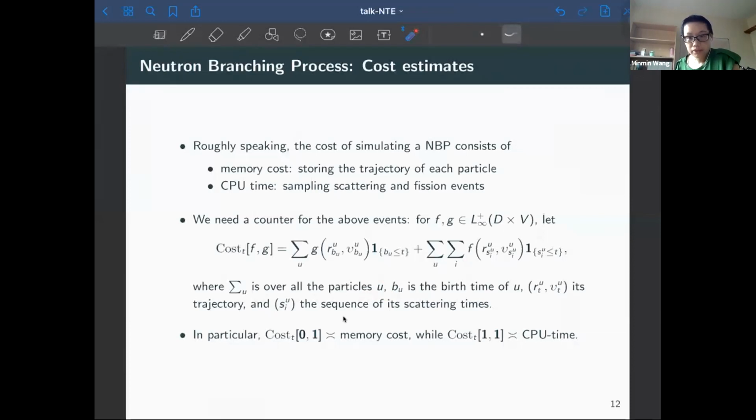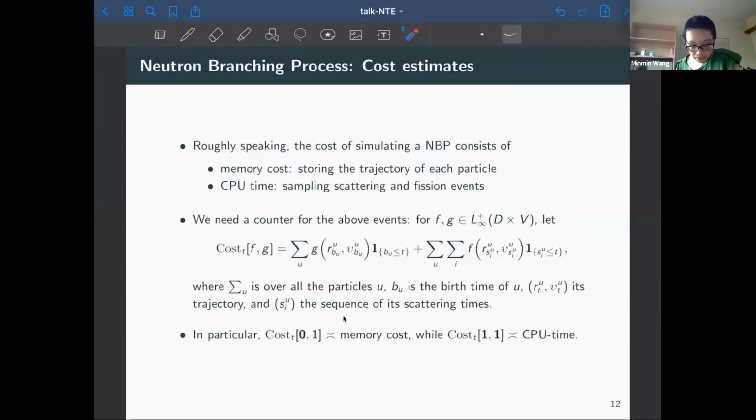We denote by bu the birth time of this particle. If we sum over all u where the birth time is less than t, we get the number of particles which have been alive up to time t. So the first term in this formula takes care of counting these events.